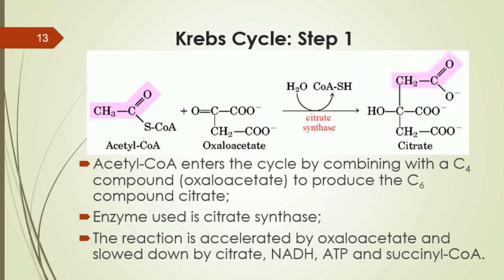The reaction releases CoA-SH, which can participate in the oxidative decarboxylation of the next pyruvate molecule. The reaction is catalyzed by citrate synthase. It is a regulatory enzyme that is inhibited by high concentrations of NADH, succinyl-CoA, and ATP.